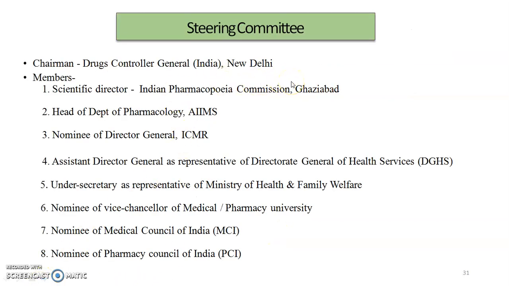There is a steering committee formed for the Pharmacovigilance Program of India, where the chairman heads the committee, who is from the Drug Controller General of India, New Delhi, and there are other members.